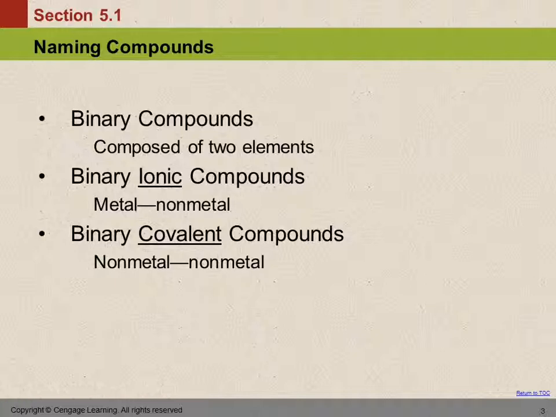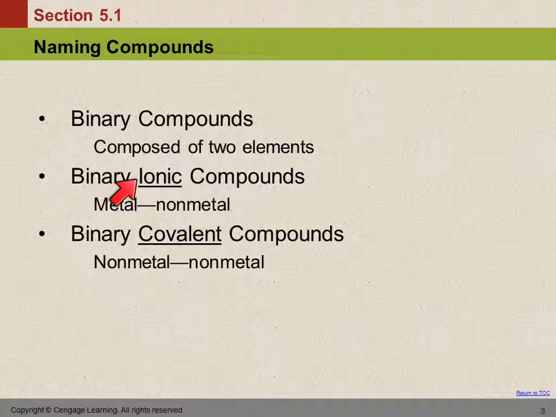So we have binary compounds. Binary means two. So a binary compound is composed of two elements. Exactly two, not three, two. And among those binary compounds, we can look at binary ionic compounds and binary covalent compounds.